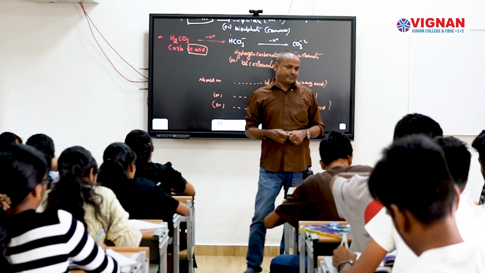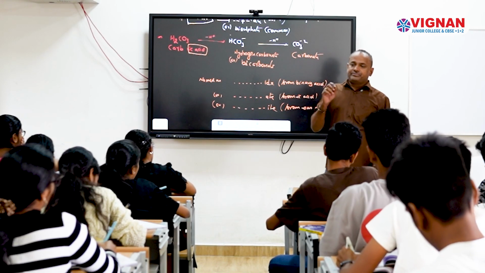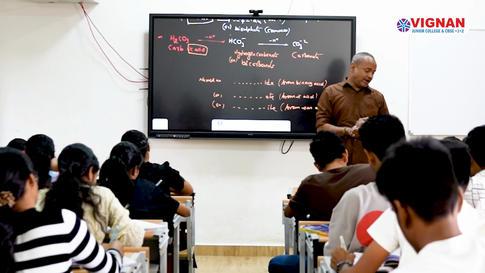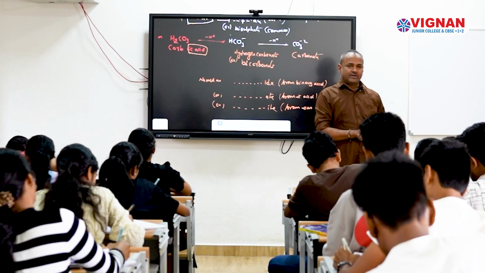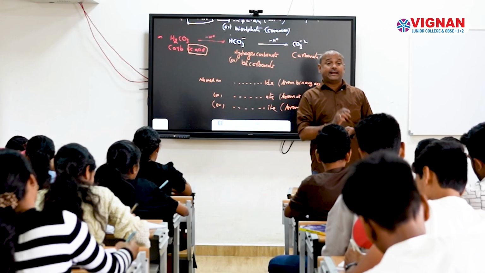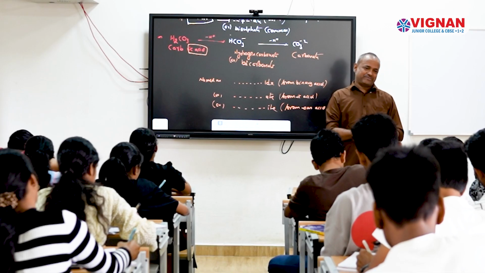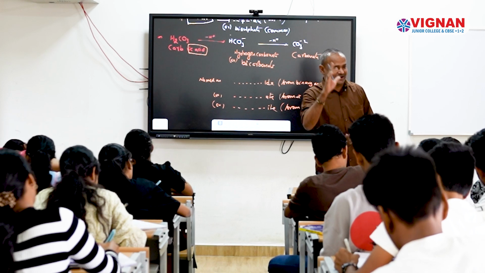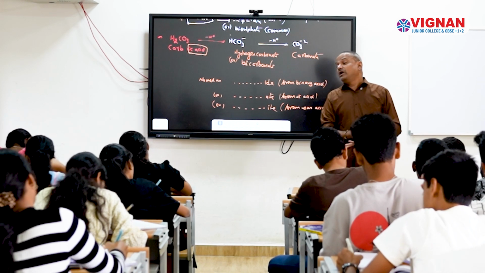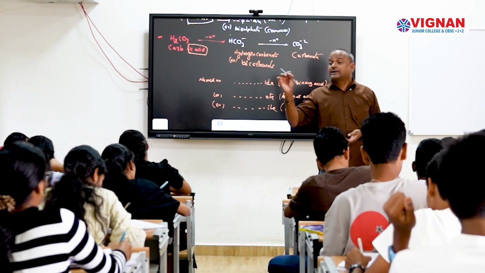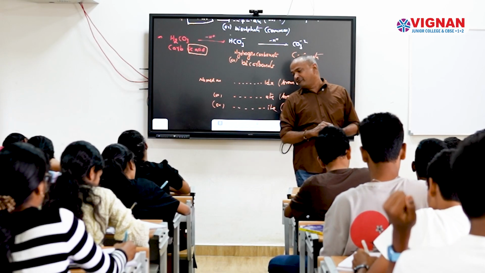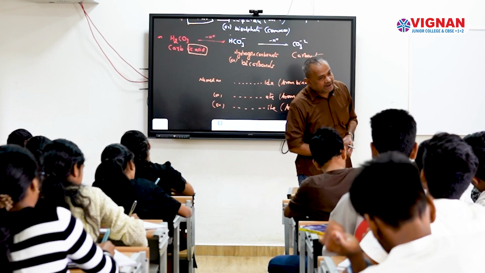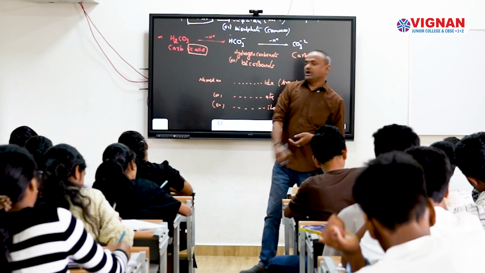Basic radical: the cation obtained from the corresponding base by the removal of OH minus ions completely. That is very important, not one by one.